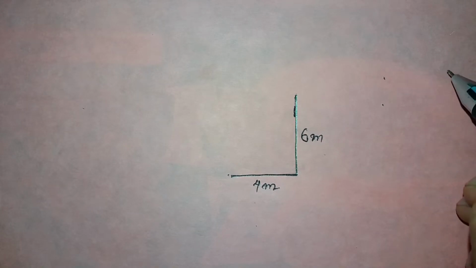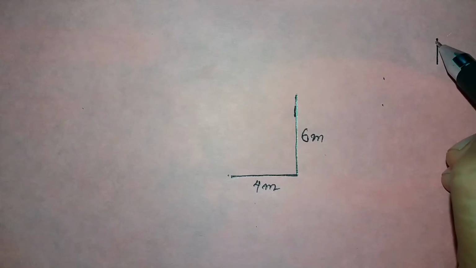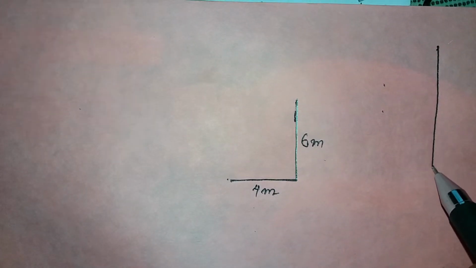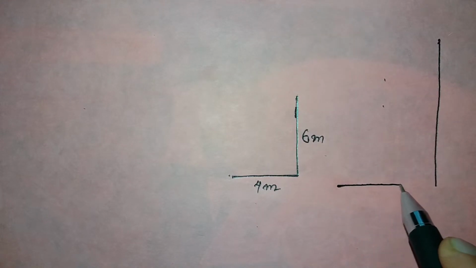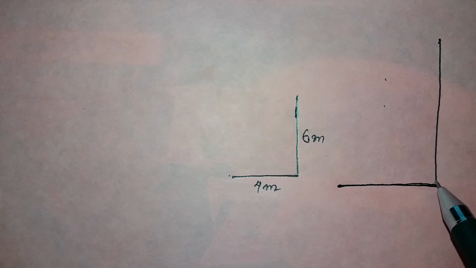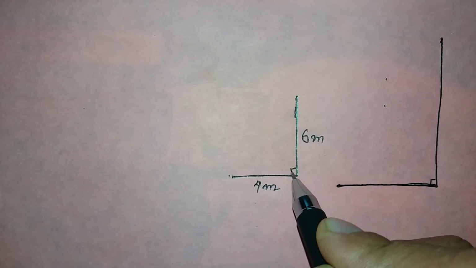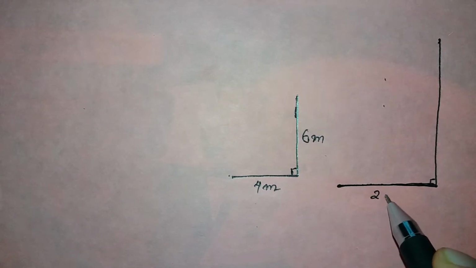And we have a tower here. Let's suppose this is the tower, and the shadow of this tower is this line. Now this is 90 degree, this is 90 degree. The length of the shadow of the tower is 28 meter.